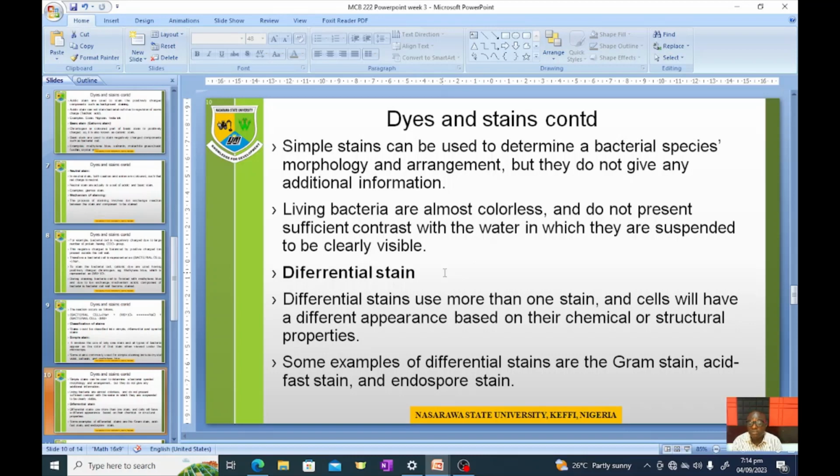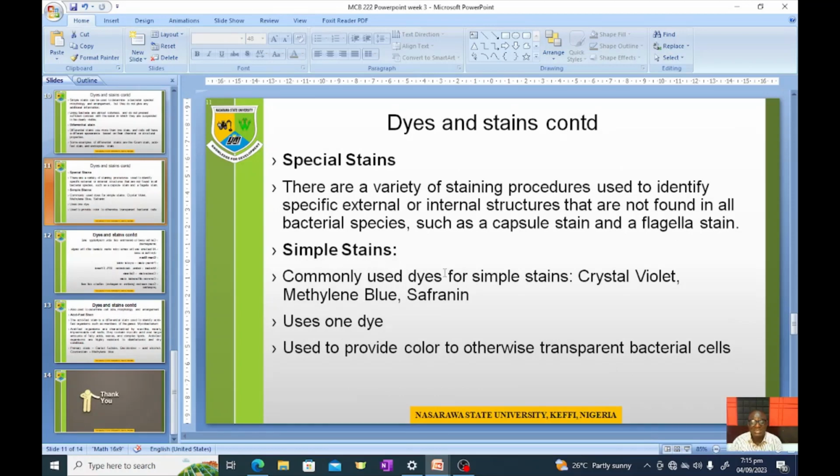Some examples of differential stains are the gram stain, the acid fast stain, and the endospore stain. So depending on what stain you are using, the appearance of the organism under examination will be different.